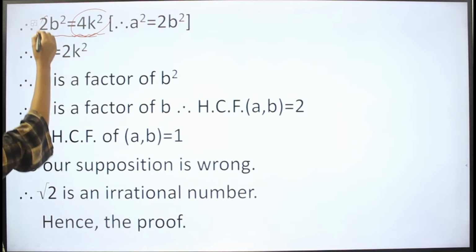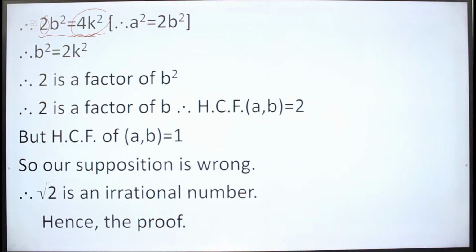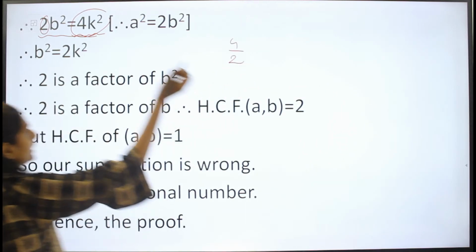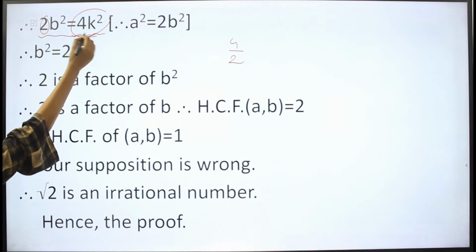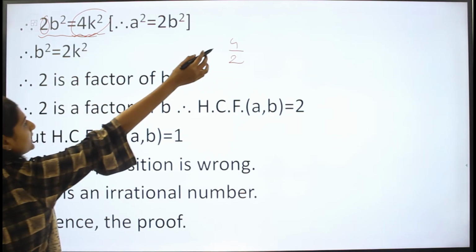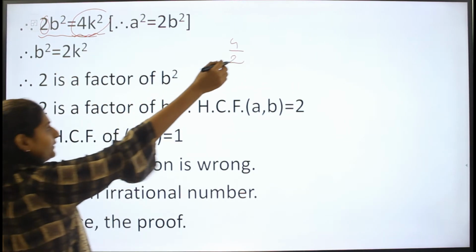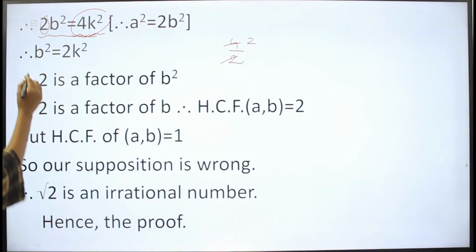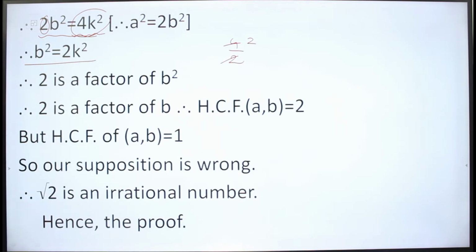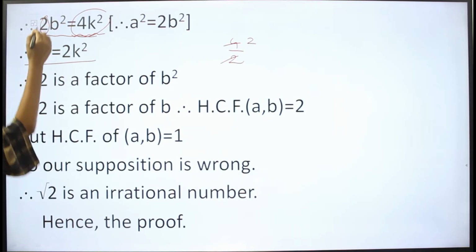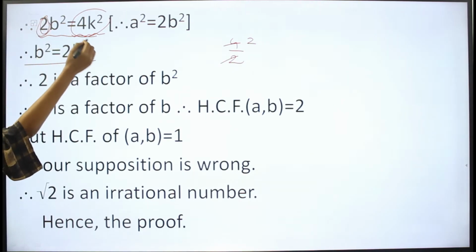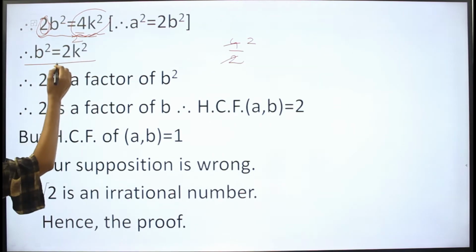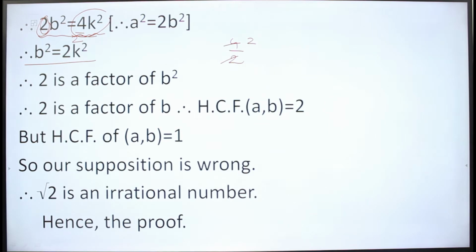Now this 2 will go from multiplication to division, so you will get 4 by 2. Dividing 4 by 2, 2 twos are 4, so you will be left with b square is equal to 2k square.